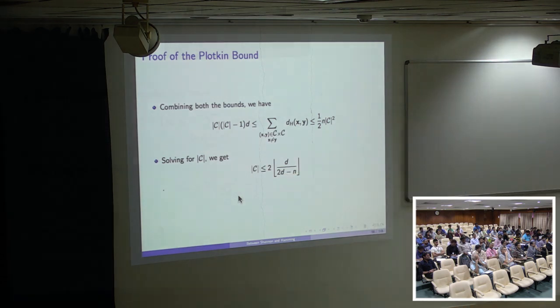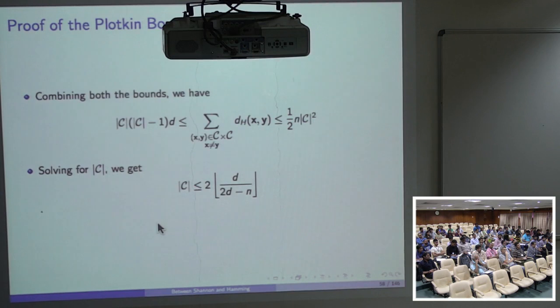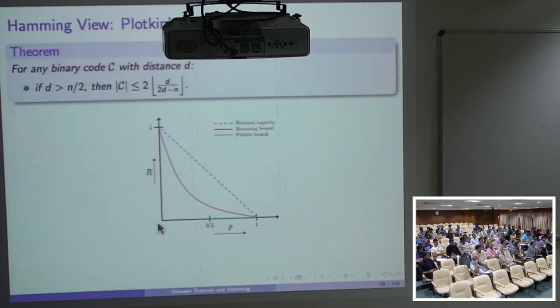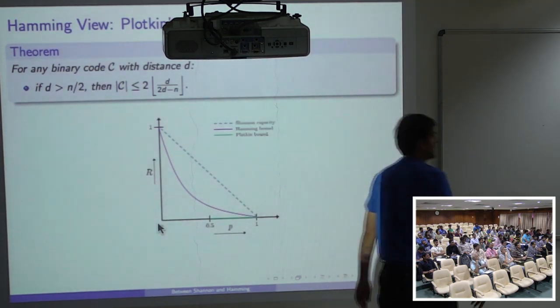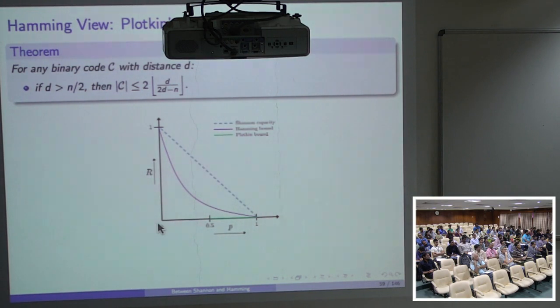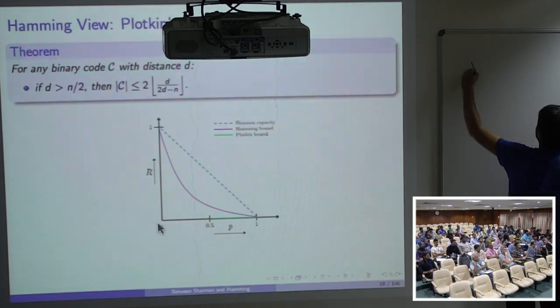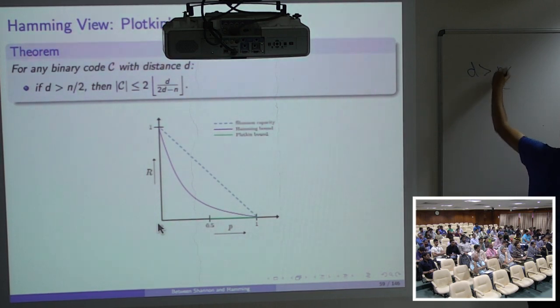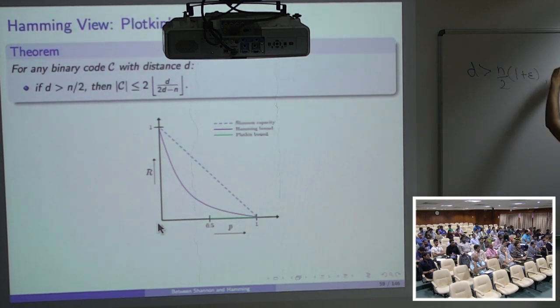And what does this imply really? So it implies that if the minimum distance is greater than n over 2, then, it's not explicit over here, but you can prove a bound like this: if d is larger than n by 2 times 1 plus epsilon, then the size of the code is order 1 over epsilon.